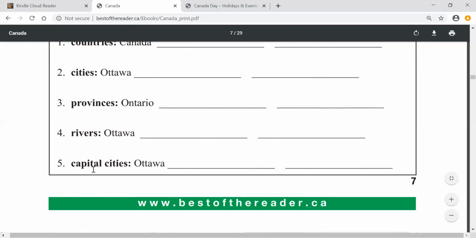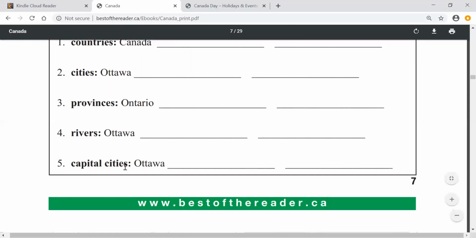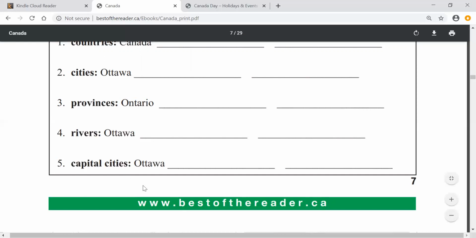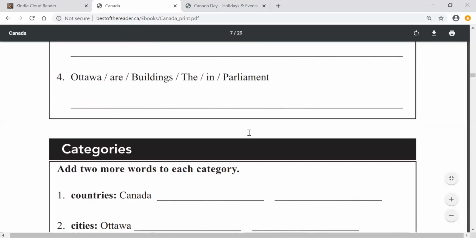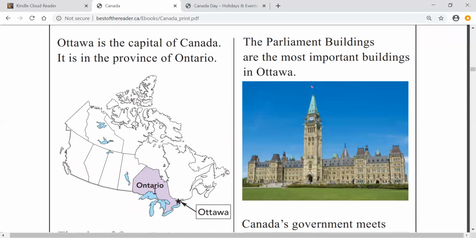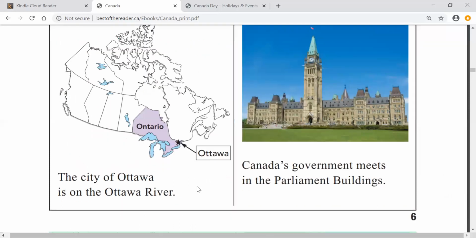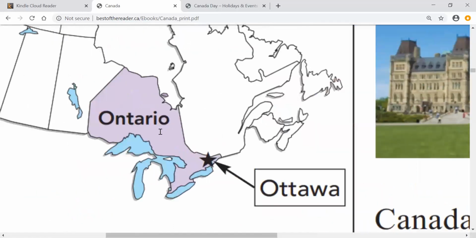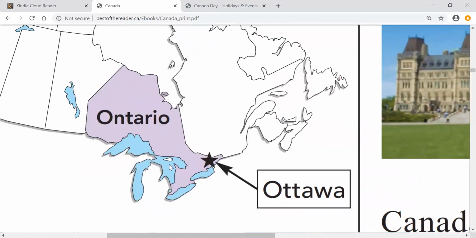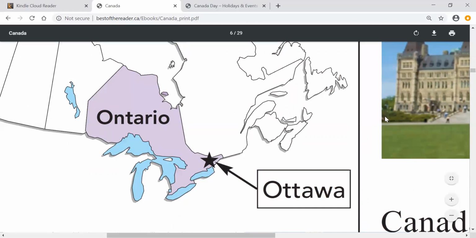Number 5, capital cities. Okay, so we know Ottawa is the capital city of Canada, but every province has a capital city. Do you know what is the capital city of Ontario? It's not Ottawa. Ottawa is the capital of all of Canada, but Ontario has another capital city.